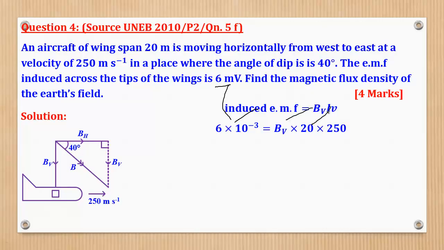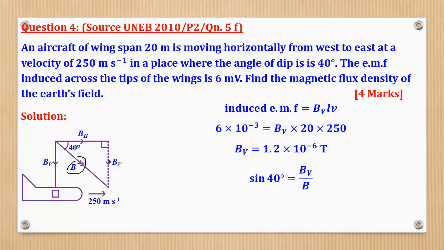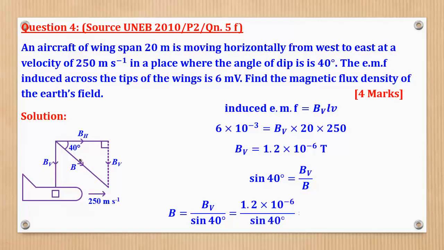BV, L, and V. BV is the only unknown, so you can get it. Then remember they want the resultant. So now that I have BV and I have this angle of dip, I can use the two to get the value of B. So substitute and get the value of B. And that's what they wanted.